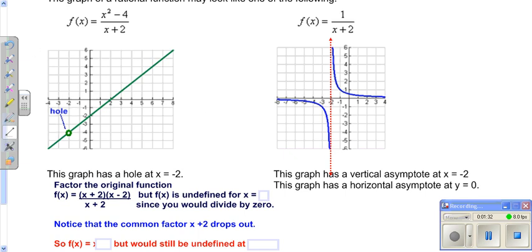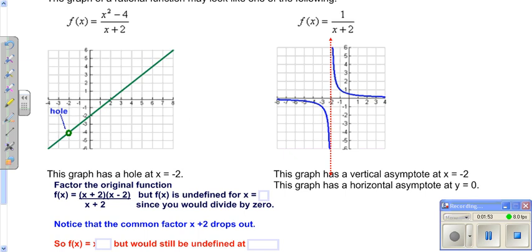The other situation that occurs with rational functions when you graph them is sometimes you can just have a hole, a break in your graph right in the middle of everything. Now, this one here has a problem at x being negative 2. This one here has a problem at x being negative 2.